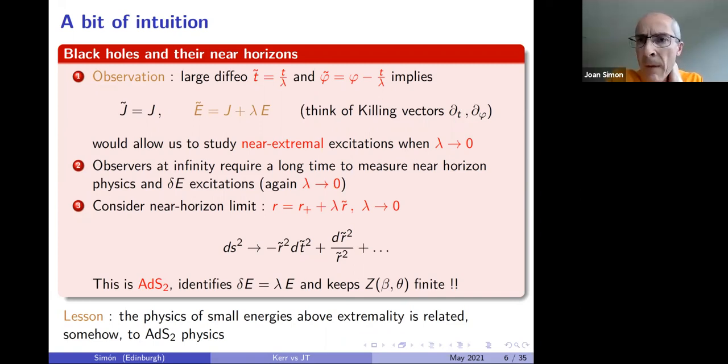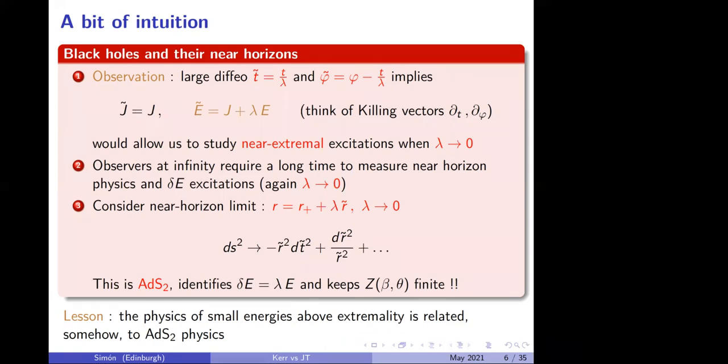Is the statement then, having identified that the near-extremal physics is related to AdS2, how much coordinate independent freedom do I have? You know, having identified that here's AdS2 in these coordinates, can I then pick another set of coordinates and deduce something from it? Is this gauge invariant physics? Is this coordinate invariant physics?